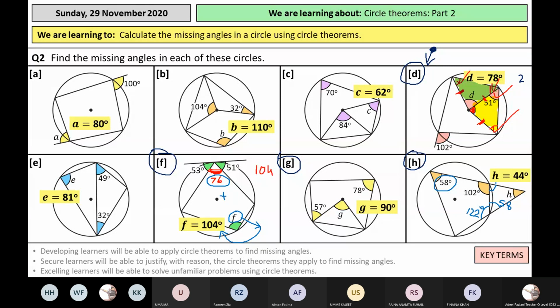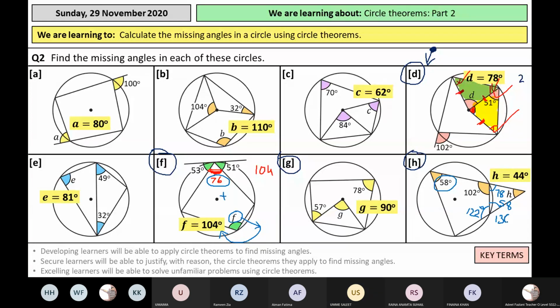But you have to be very fast, right? Come on, you're taking so much time. 78. So, okay, now you know, 78 plus 58 is what? 136.